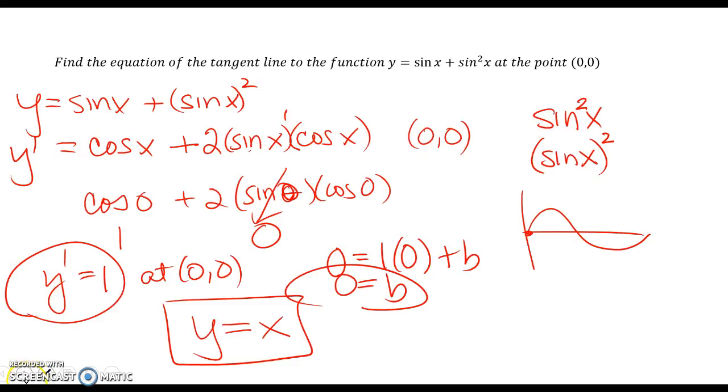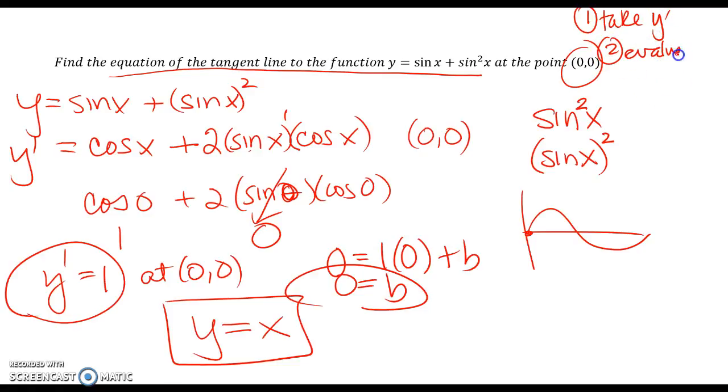Let's see. All right, so there are several examples of finding the equation of the tangent line for any function at a certain point. So the process is: one, take the derivative. We need the first derivative, right? Two, evaluate it at the given x.